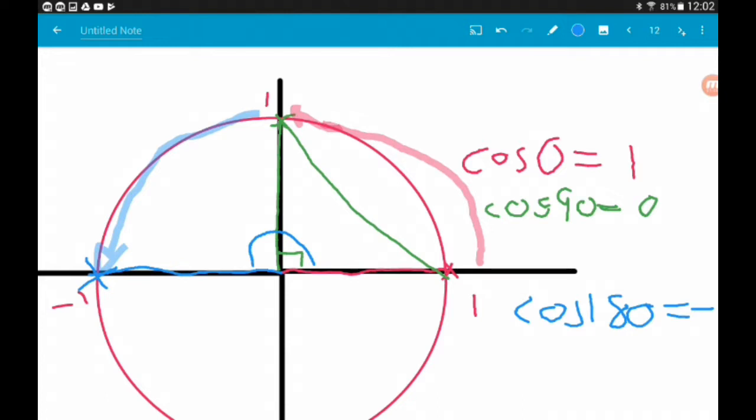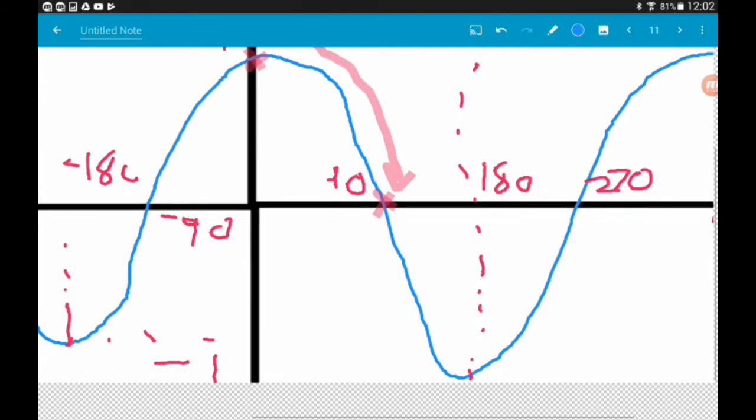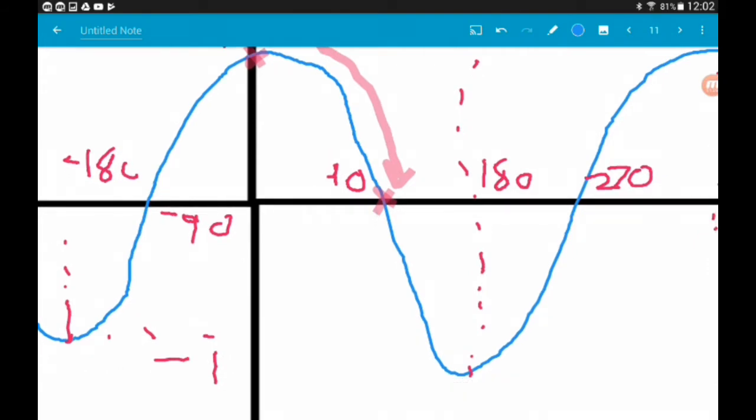Again, our point is physically 1 away from the origin, but the x-coordinate is -1. So that takes our curve down to -1 because the value of cos of theta is -1.